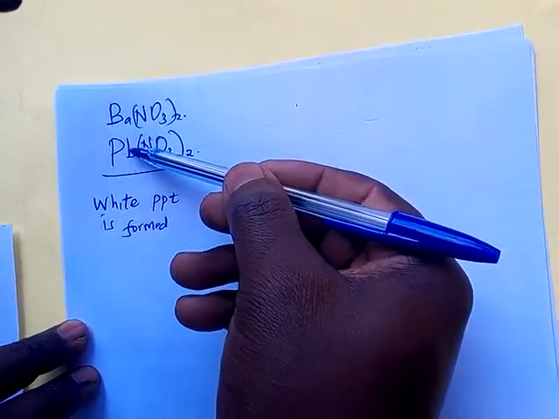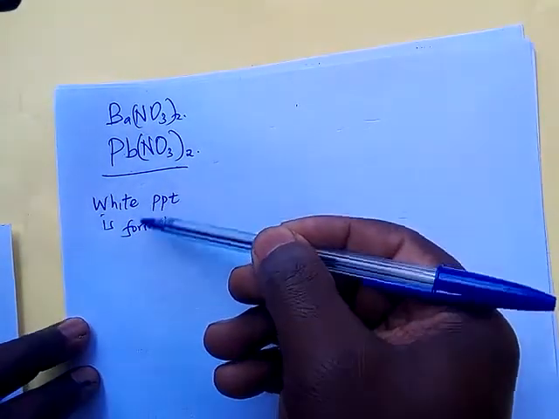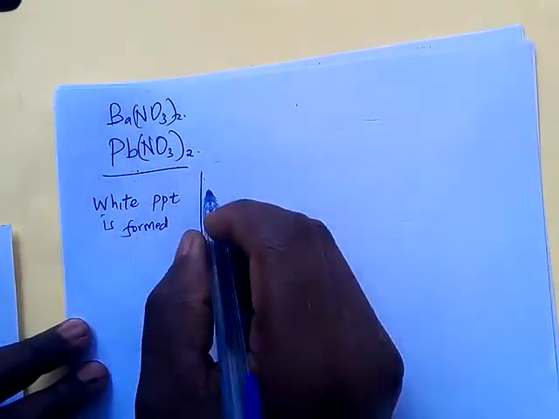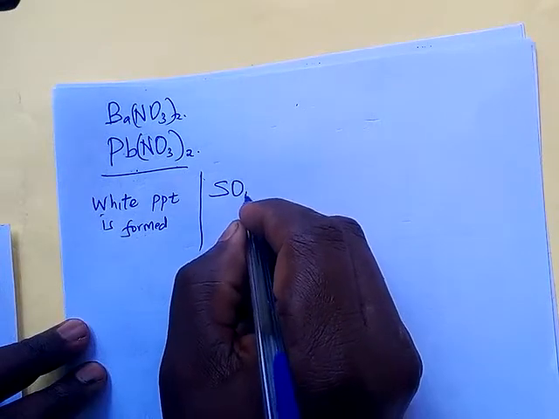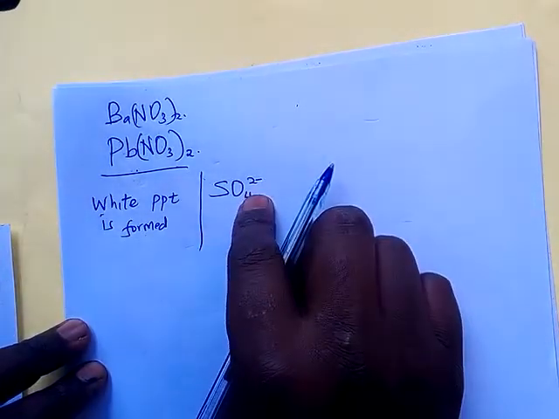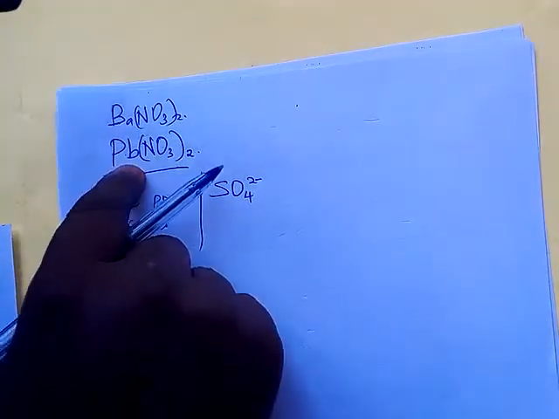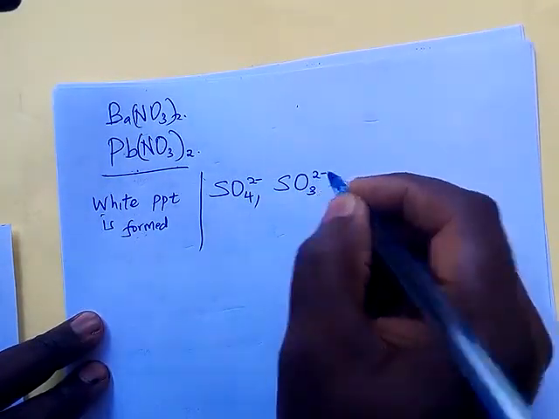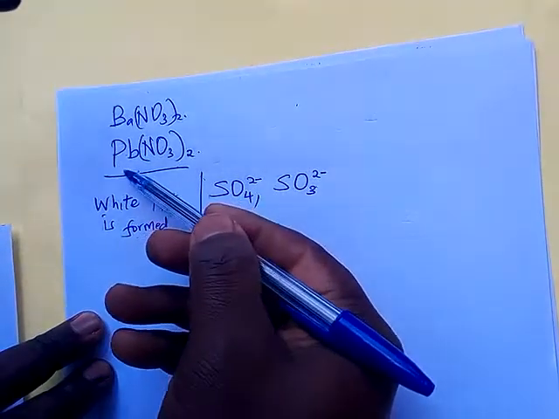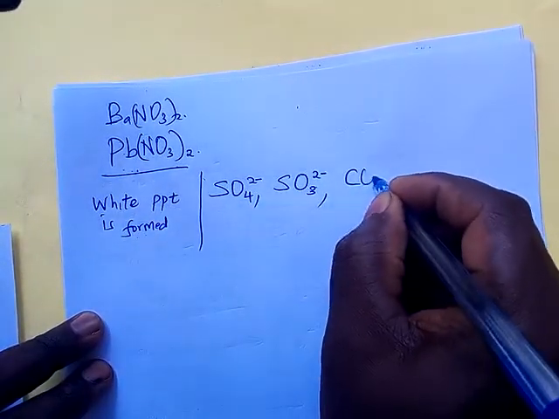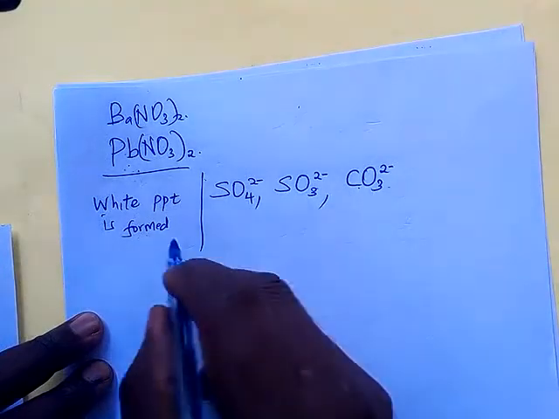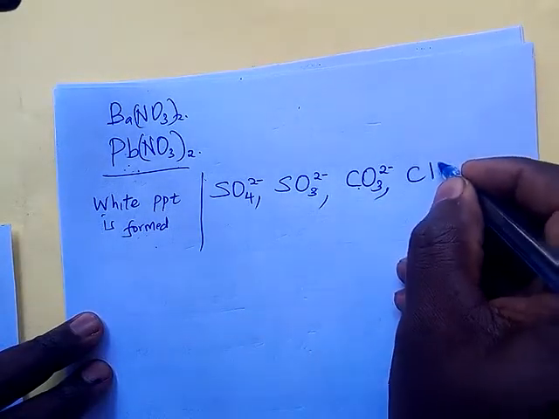So when lead enters into a colorless solution and then a white precipitate is formed, it means that when the lead ions entered that solution, it met the sulfate ions, so that it forms lead sulfate, which is a white precipitate, or it met the sulfite, which will form lead sulfite, or it met the carbonate, which will form lead carbonate, which is a white precipitate, or it met a chloride.